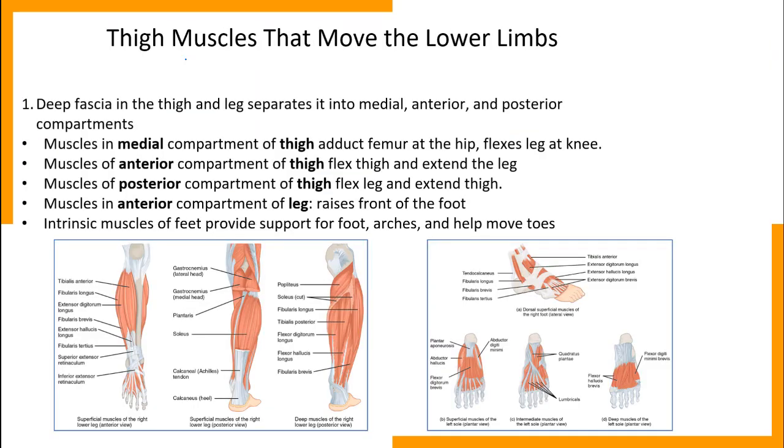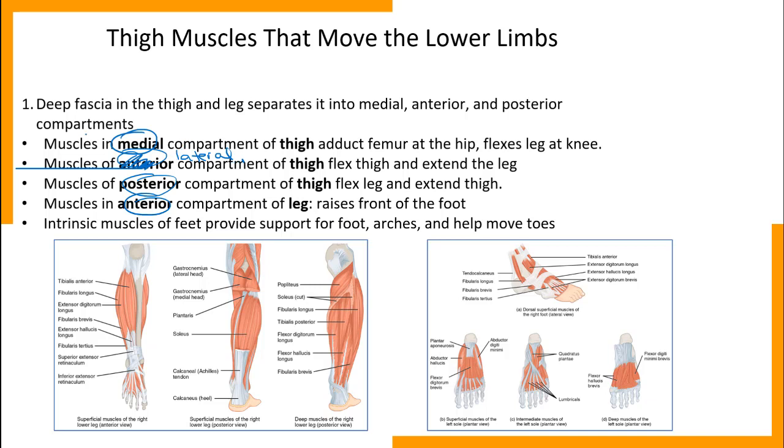And then lastly, we've got thigh muscles that move the lower limb. With this, what I want you to do is know where your medial, anterior, posterior, and lateral locations are and how they move.